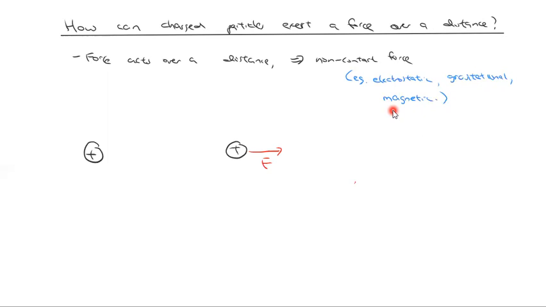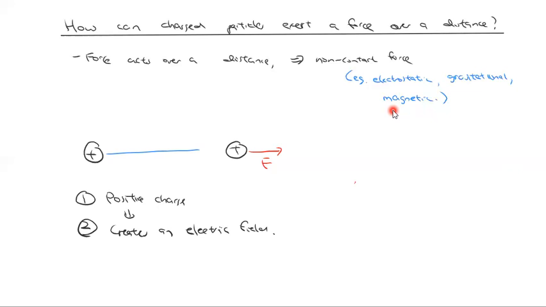The idea is step one, you've got a positive charge. Step two, this positive charge creates an electric field. So it creates some sort of field that I'm going to draw kind of like this for the moment. So this is like an electric field.